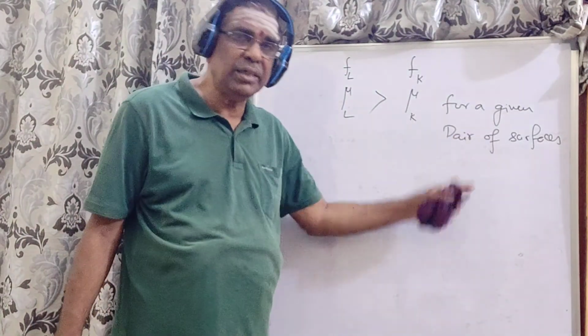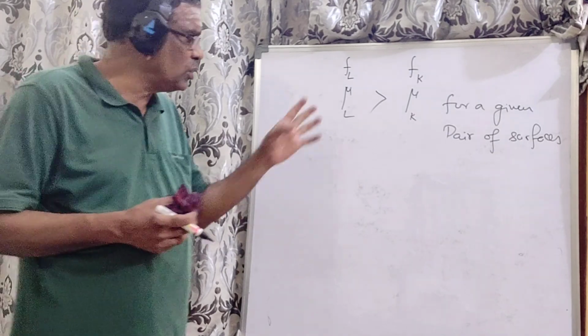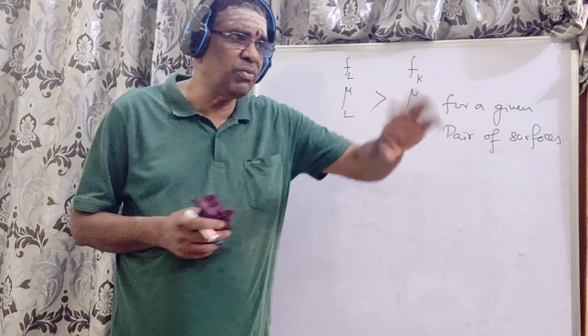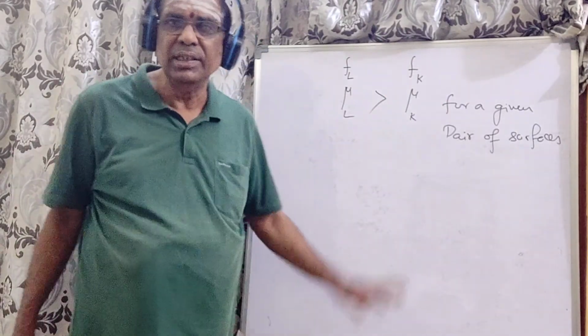Unless you make such a statement, this is not going to be valid. Which pair you are talking about, you specify. You can't take mu K from one pair and mu L from some other pair, and that's why for a given pair only this is valid.